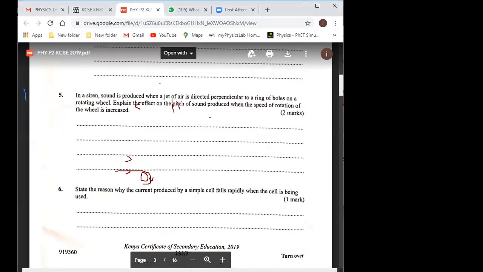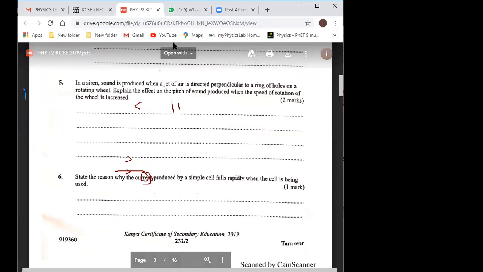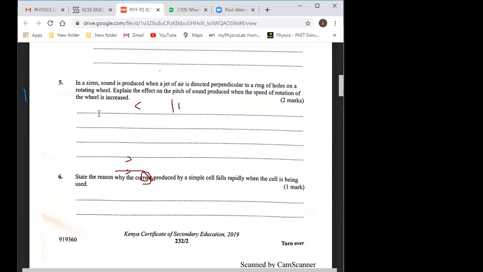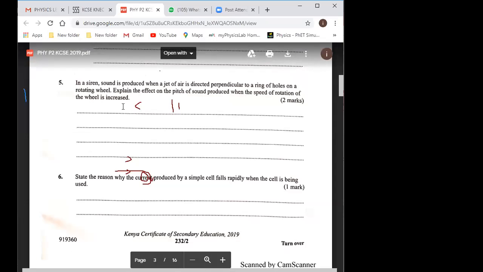This one we have not covered, but I can give you a concept on it. In a siren, sound is produced when a jet of air is directed perpendicular to a ring of holes on a rotating wheel. Explain the effect on the pitch of sound produced when the speed of rotation of the wheel is increased.